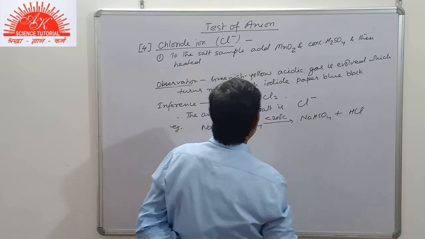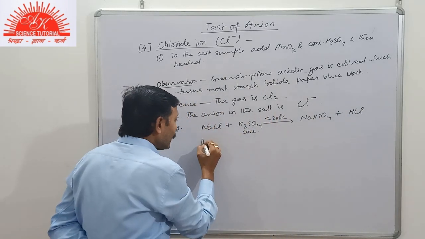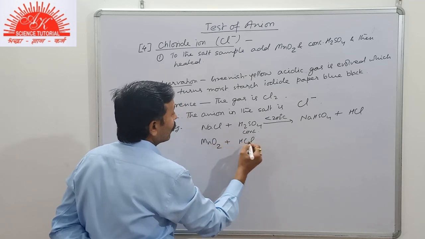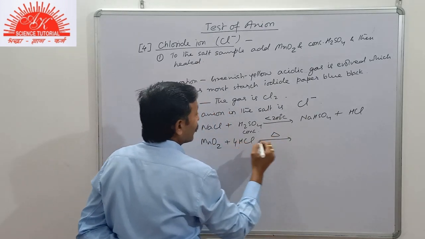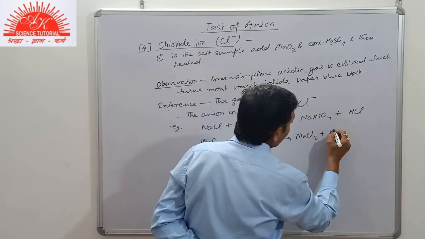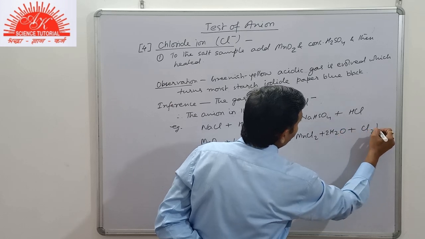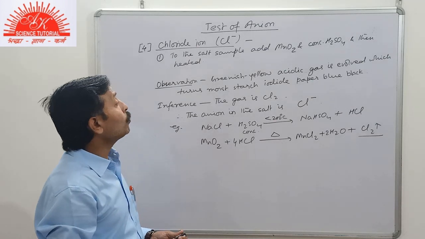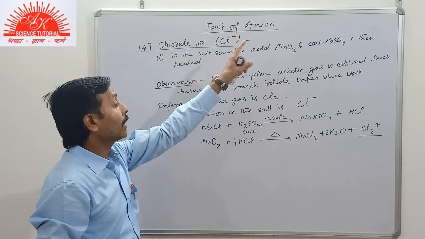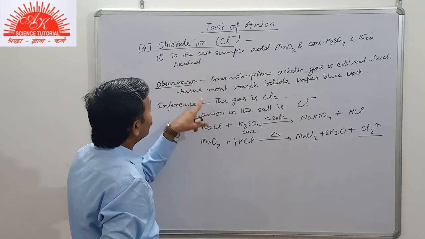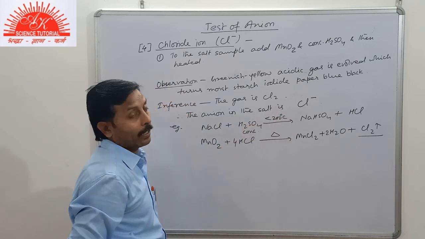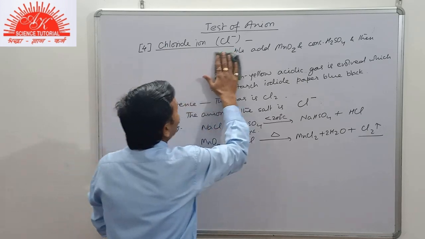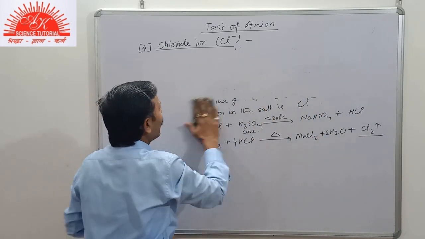We will have this type of product, and on heating with MnO2 it gives us MnCl2 plus H2O plus Cl2. So this gas will be evolved. So in these two steps the reaction takes place. Since the gas evolved is chlorine, the anion present in the salt is chloride ion. So we have used the first test to identify the chloride ion.